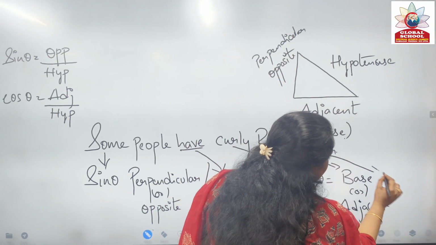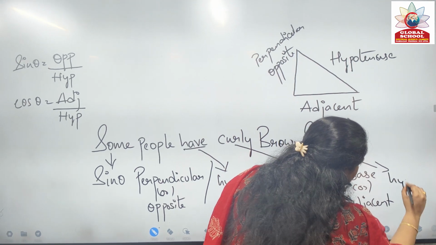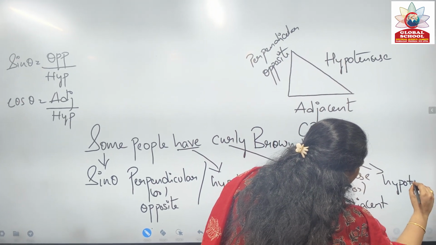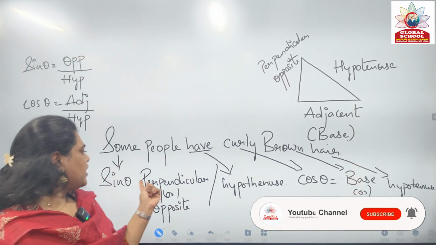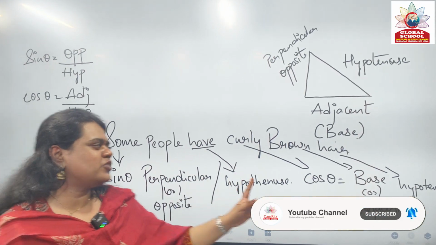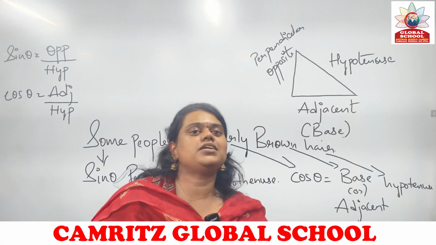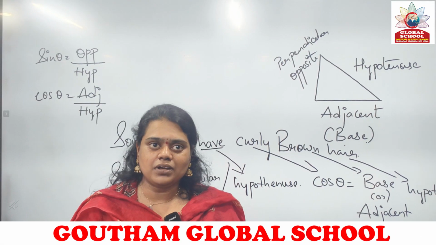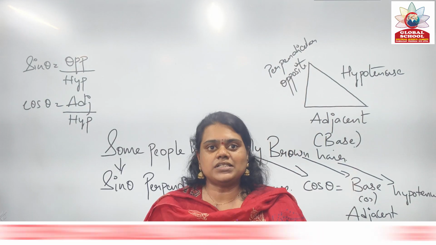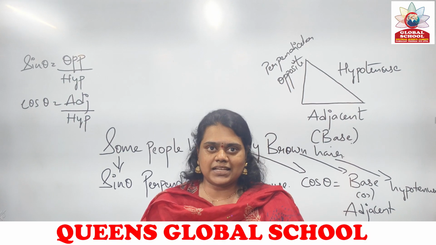Here hair is nothing but again hypotenuse. Sin theta is perpendicular by hypotenuse, cos theta is adjacent by hypotenuse. By this one single line, you can remember these both formulas. We will discuss the remaining 4 formulas in the next video. Thank you.